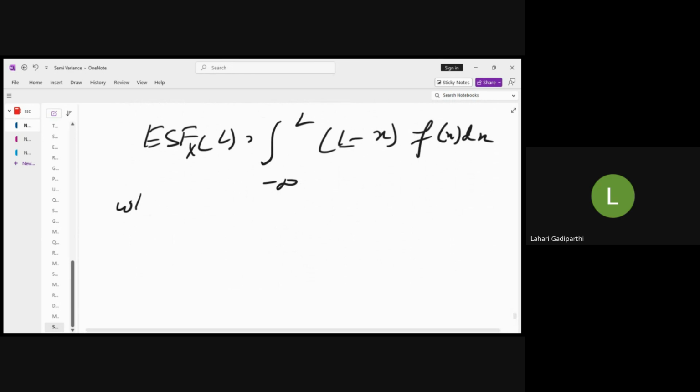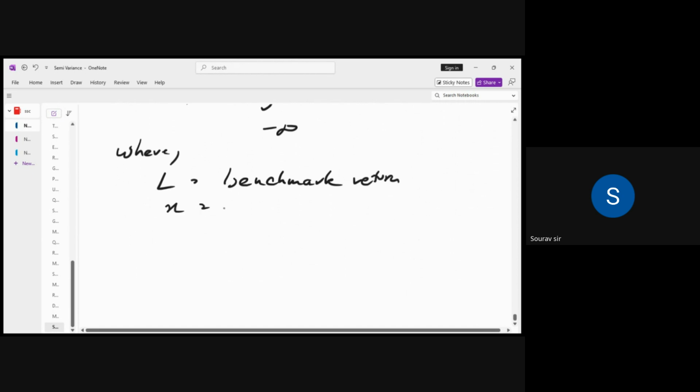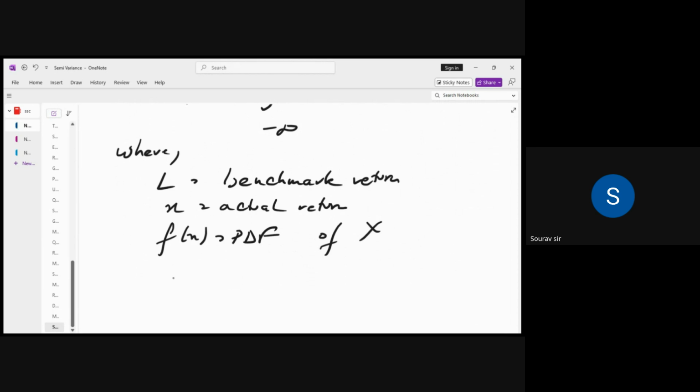Here L is my benchmark return, and X is the actual return. f(X) is the PDF of X. PDF means probability density function.